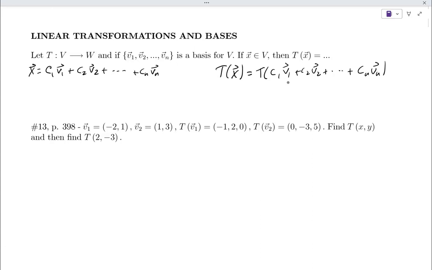What can I do first? I can just break it up over the sum, and then what can you do with each of the constants? Pull them out in front, right? So I can rewrite this as C1 times T of V1, C2 times T of V2, through Cn times T of Vn.